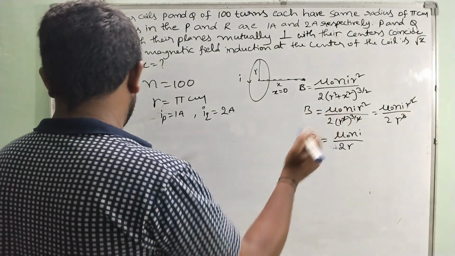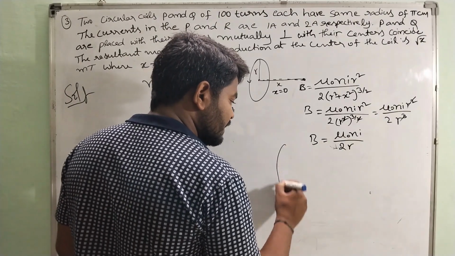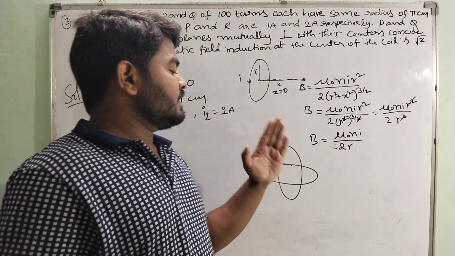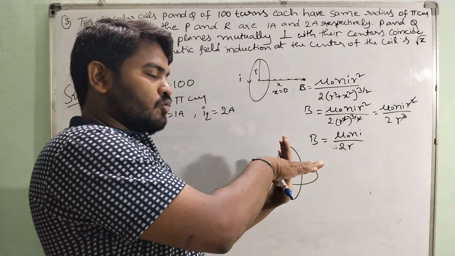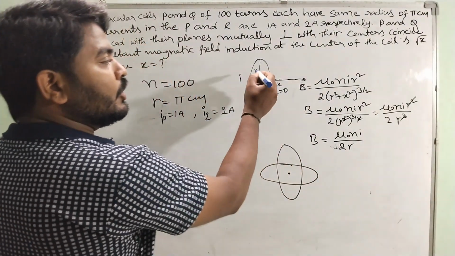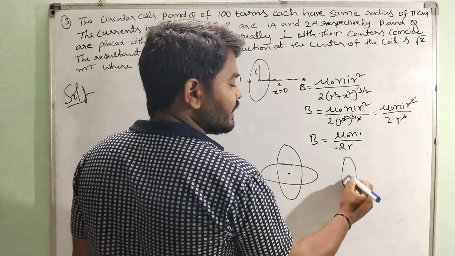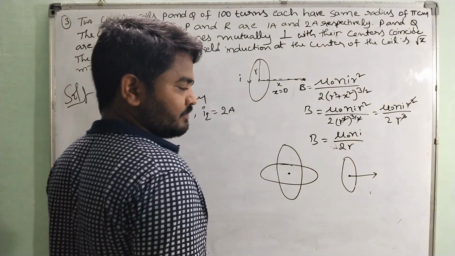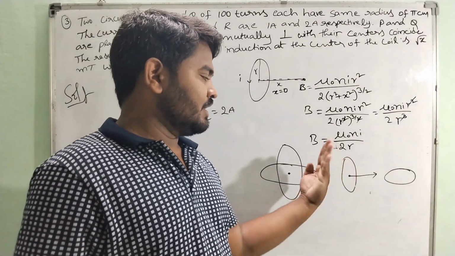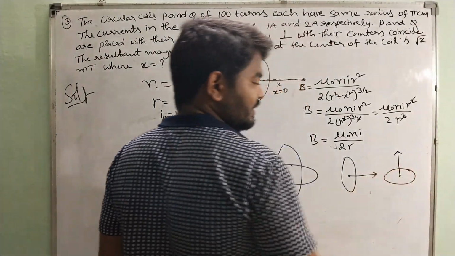Let me draw the diagram here itself. If one coil is situated like this, then another coil is situated like this. Two circular coils, right? Their centers coincide. Due to this coil, the magnetic field will be in this direction. Due to the other coil, which is perpendicular to it, the magnetic field will be in this direction.